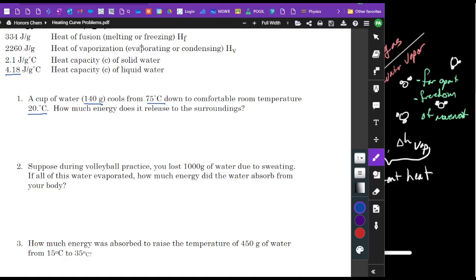Can I select the group? You're not going to let me select the group, are you? That sucks.